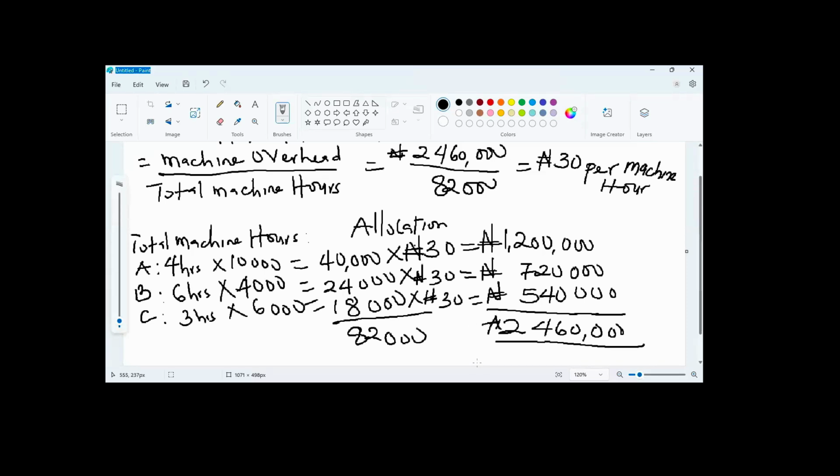Is that clear? Because the total for machine is 2,460,000. If you allocate to individual products, it must give you back 2,460,000. If you don't get that back, there is a problem with your calculation. Is that clear, please?